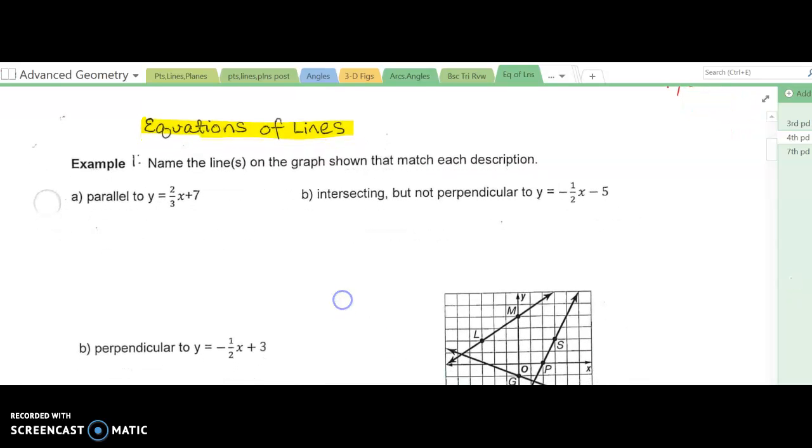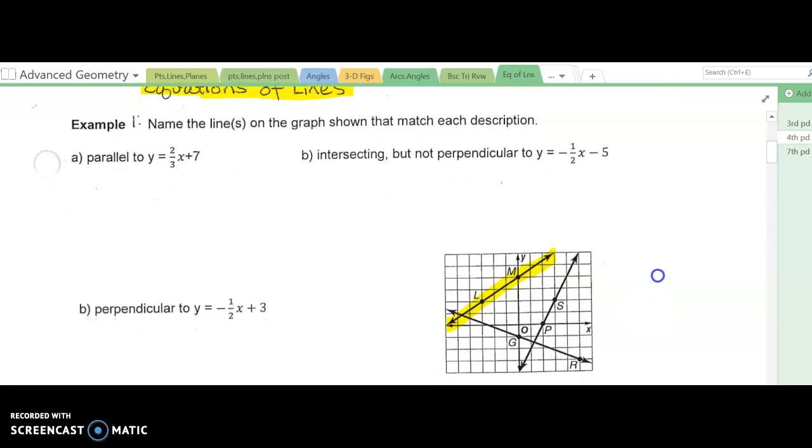So starting with, if I were to want to name the line on the graph that matches each description, we have line LM is one possible answer. We have line PS might be our answer, or we have line GR.